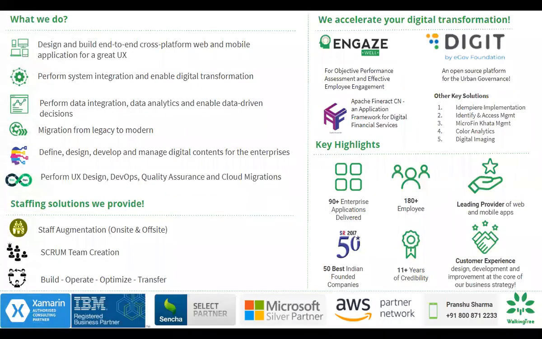Right. So, WalkingTree is a technology focused company with our core focus on designing and building cross platform web and mobile applications, performing system integrations, and enabling digital transformation. We also specialize in data integration, data analytics, migration from legacy to modern systems, cloud migrations, and of course, UX design.